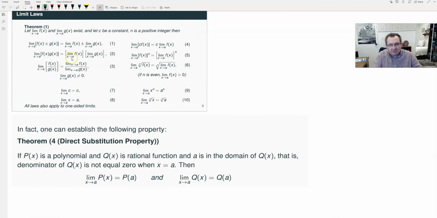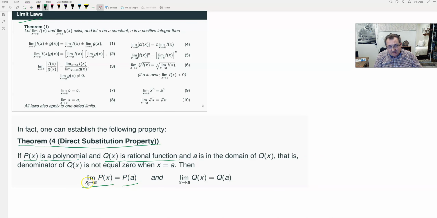One thing that I forgot to mention is that using limit laws, we can establish something called the direct substitution property. The direct substitution property applies to simple functions. For example, it applies to polynomials and rational functions. Rational functions are polynomial over polynomial. What it states is that you can evaluate a limit by substitution.